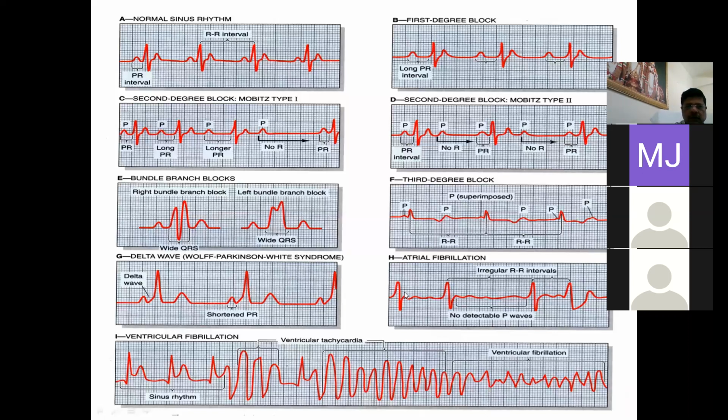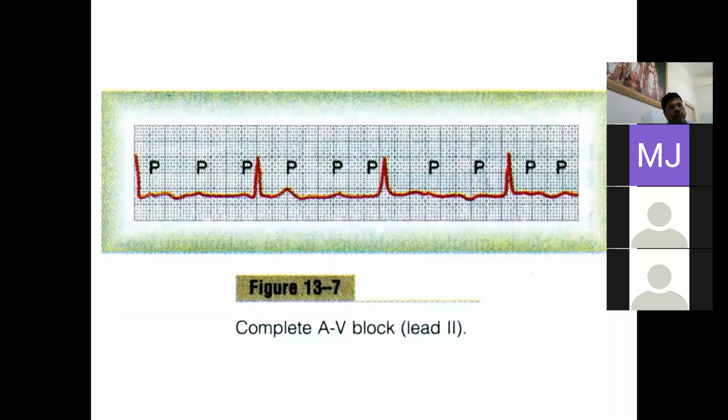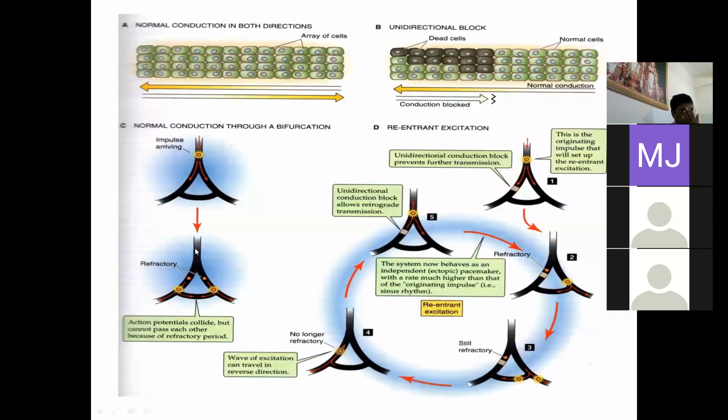I'll just quickly show you one slide. This slide shows you the probable mechanism by which re-entrant tachycardia or circus movement can happen.